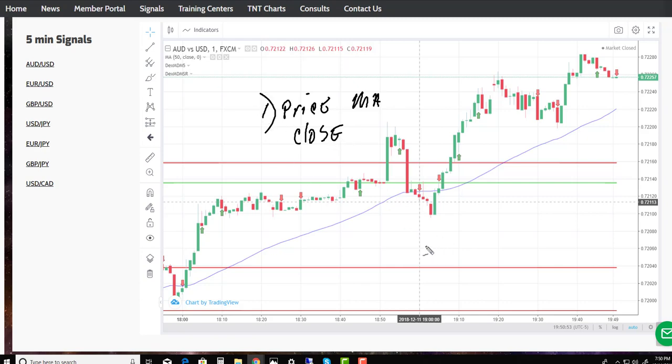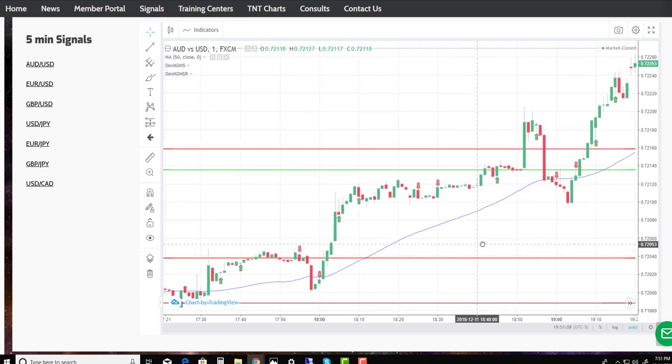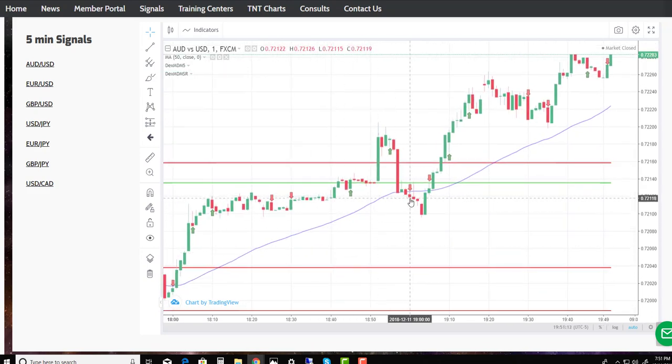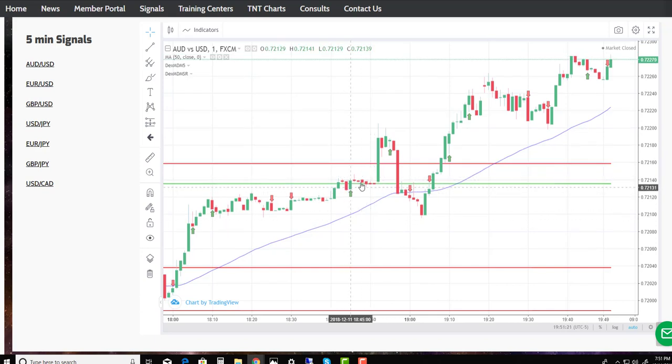That's number one. Number two, the first arrow that fires off also has to fire off below or above the support and/or that moving average. What I mean by that is, if you look at this arrow right here, the price closes down below, meets the number one requirement, check.